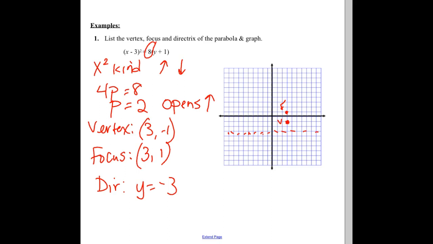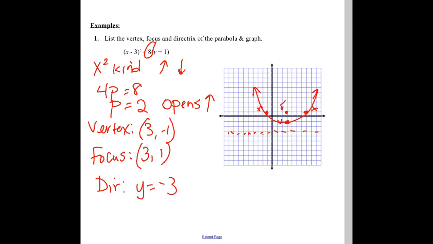So because it's symmetric, we're going to split that 8 into 2 parts. So on either side, we're going to go 4 spaces. So from the focus, I'm going to go left and right 4 spaces. And that whole length there from these 2 points that I've marked with an X, that's my focal length, okay? It has a length of 8. And then I know how wide I need to make that graph.